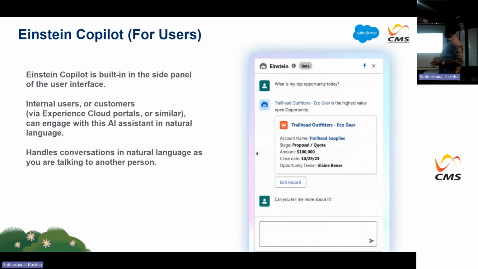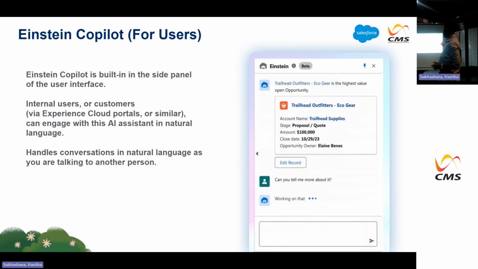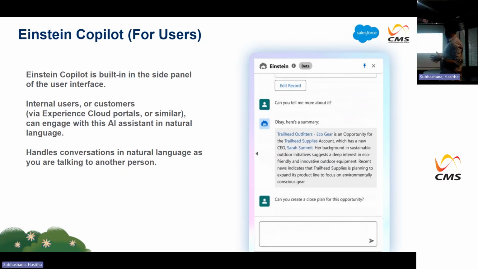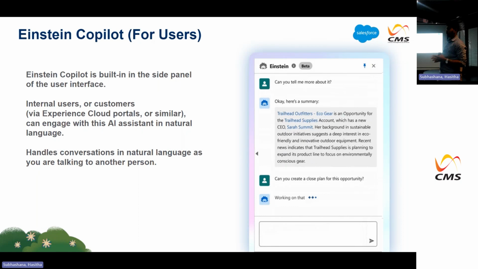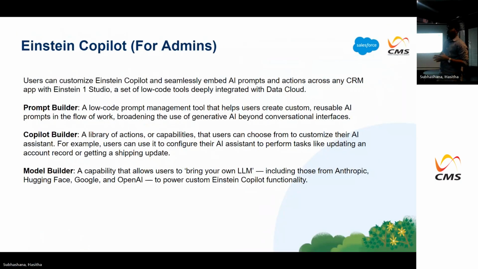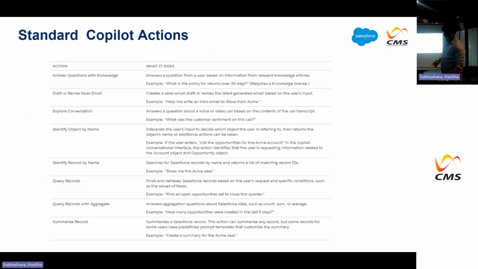This is how you see Einstein Copilot. It's a sidebar for you, and you can engage with it and have conversations with it. But if you're an admin or Salesforce developer, you will get to interact with Prompt Builder, Copilot Builder, and also Model Builder.